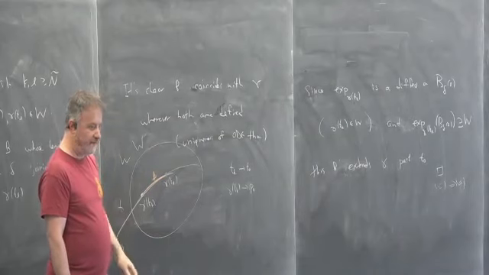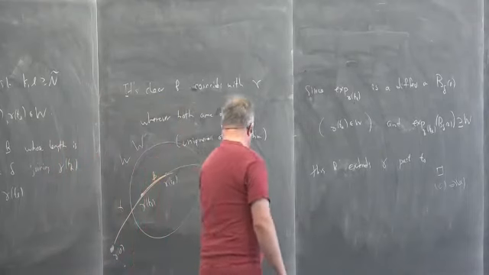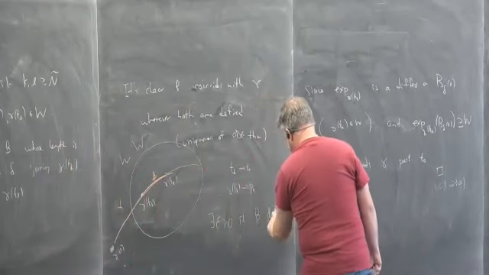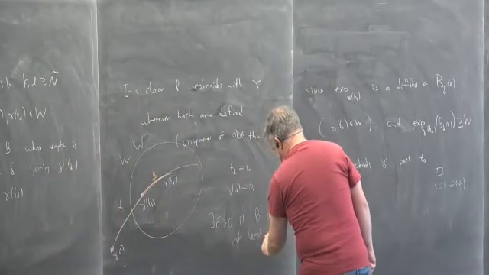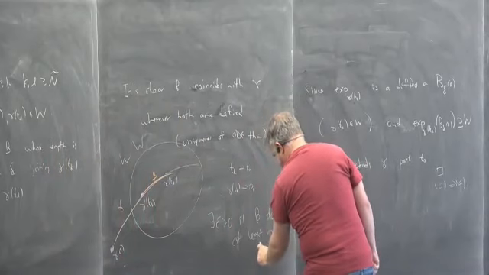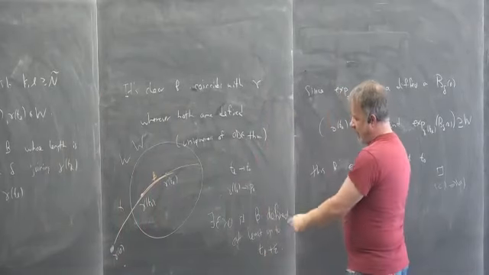Does that make sense? There exists some epsilon positive such that beta is defined at least up to TL plus epsilon.